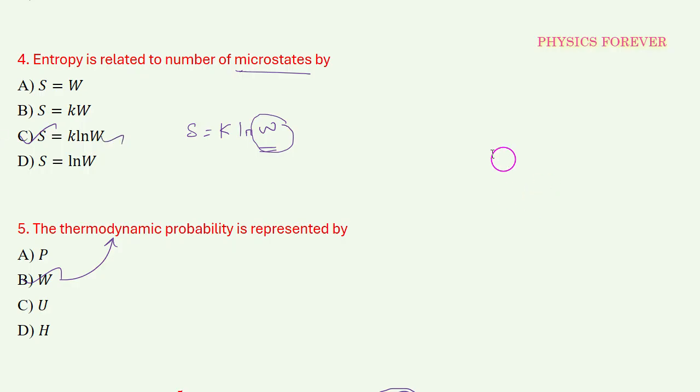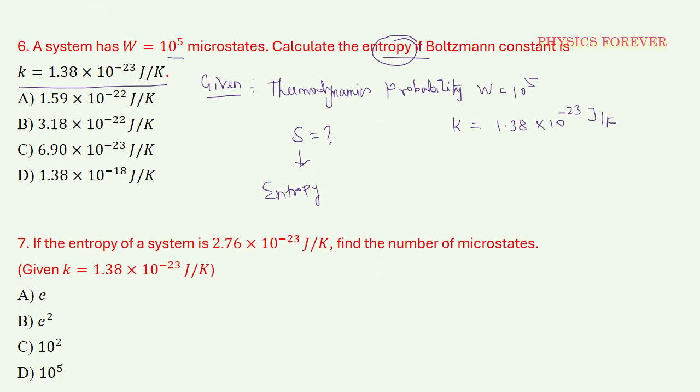In that formula, K is given and the thermodynamic probability is given, so we have to substitute and find the entropy. S equals K, the Boltzmann constant, times the logarithm of the thermodynamic probability. The constant value is 1.38 into 10 power minus 23, into the logarithm of 10 power 5.